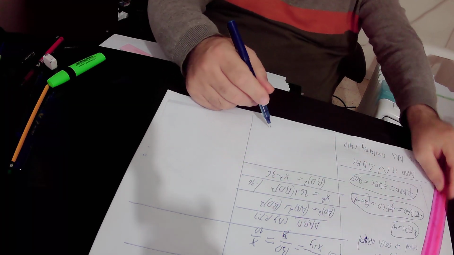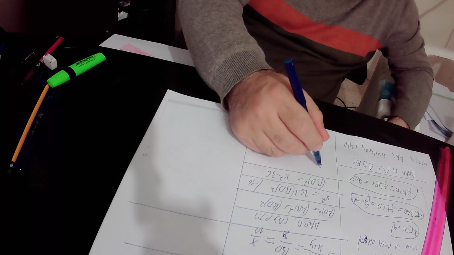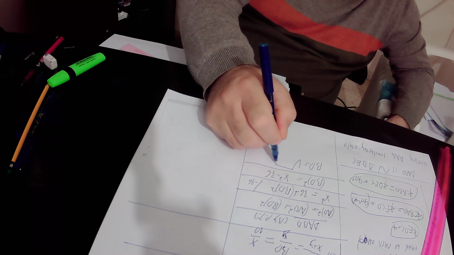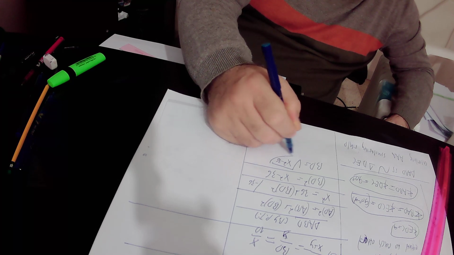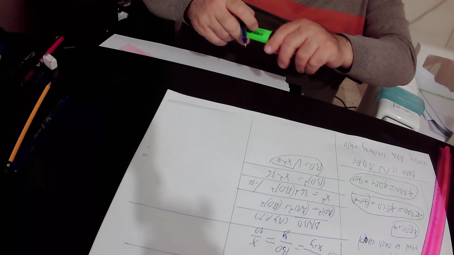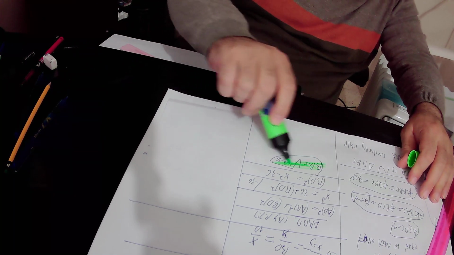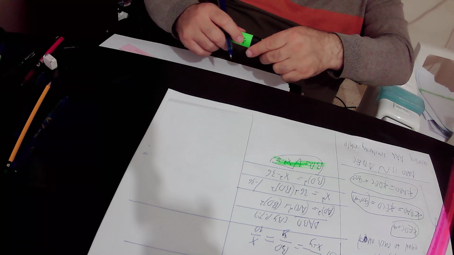Here we take a root out of this equation, and we get that BD is equal to the square root of x squared minus 36. Okay, so we found out the value of line segment BD. BD equals the square root of x squared minus 36.